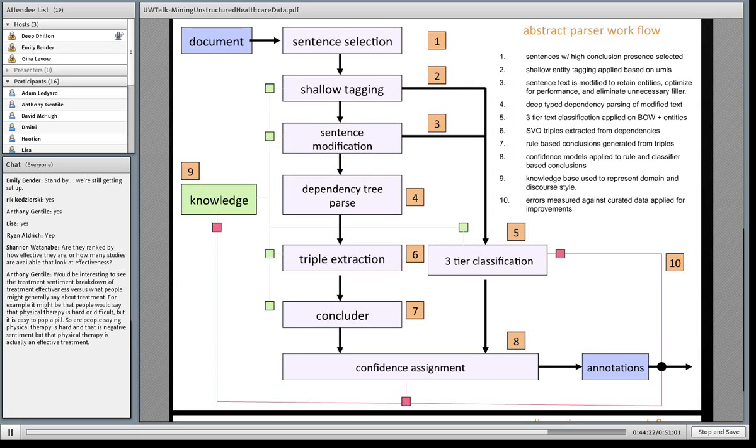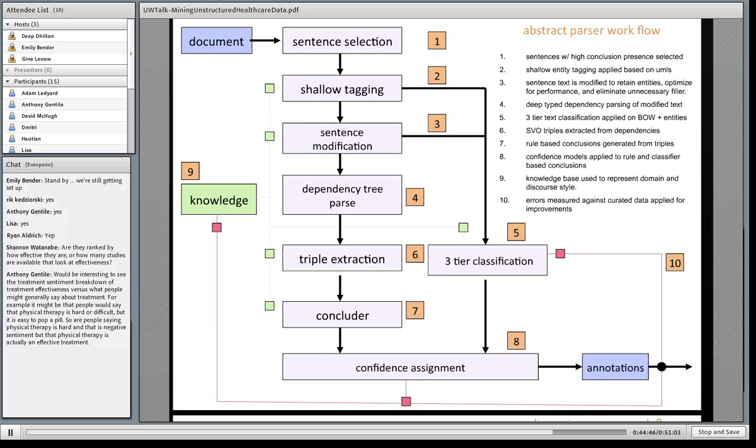And then we have another rule engine that fires to make conclusions. So a treatment reducing the symptom maps to effective. A treatment inducing the symptom maps to not effective. And at that point we have a conclusion.